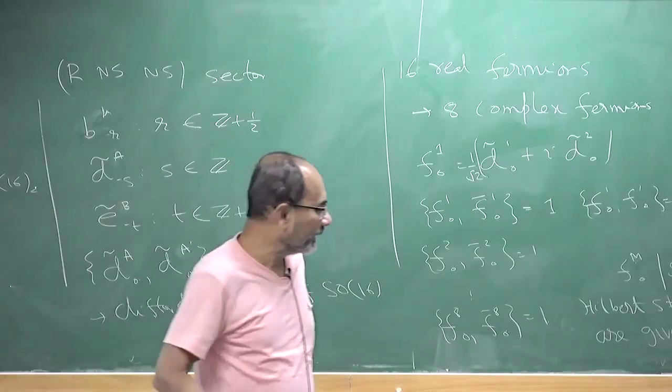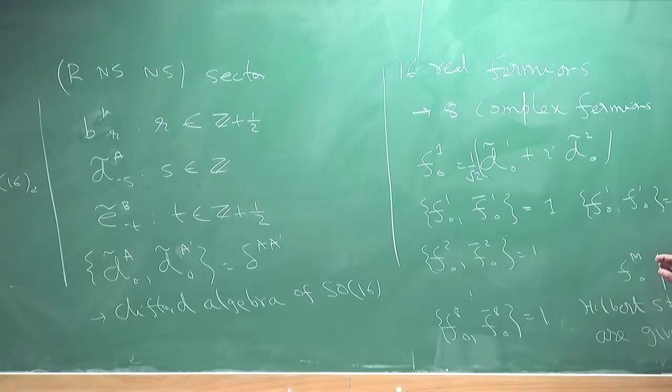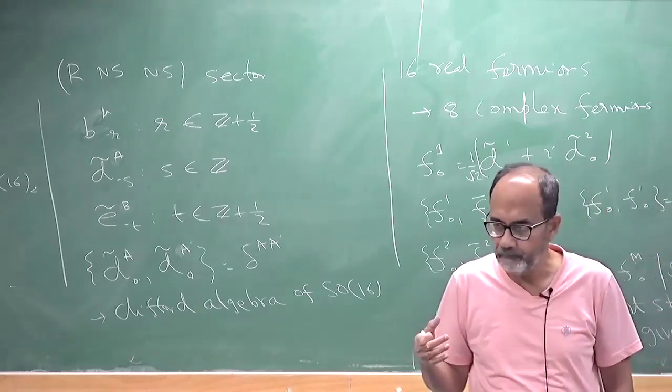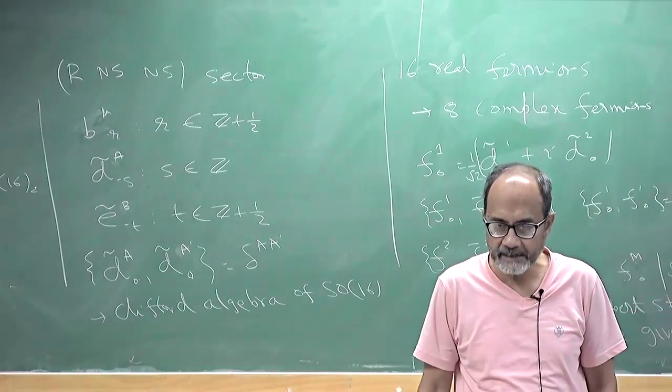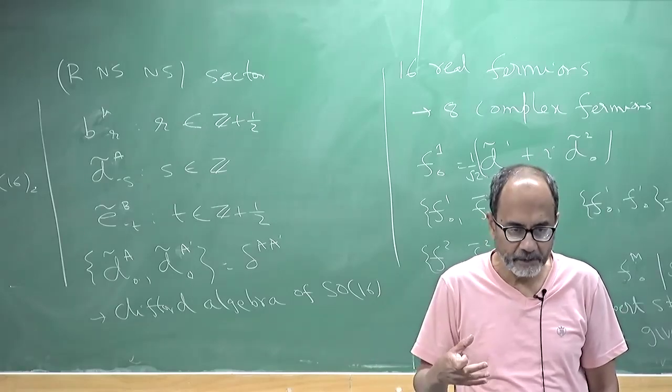If omega is GSO invariant, then you can apply only an even number of F bar 0Ms, because F bar 0M changes sign under GSO parity. So this cuts down the total number from 2 to the 8 to 2 to the 7. Is that clear? 2 to the 8 over 2.